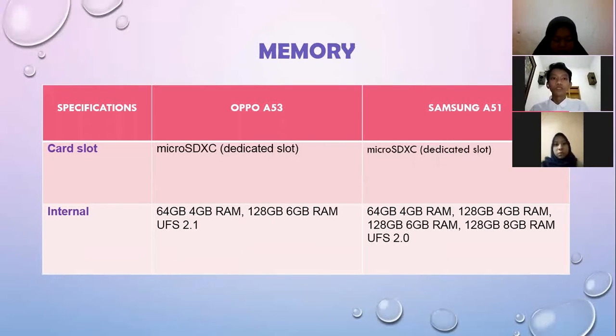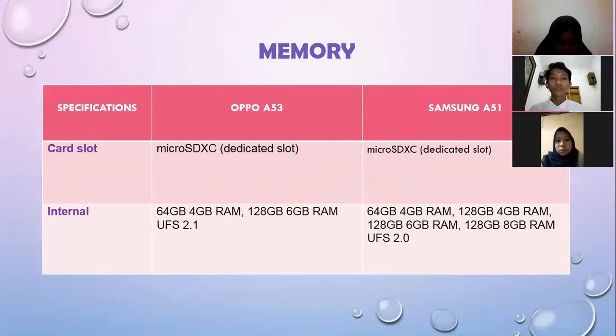Number 2, internal. Oppo: 64 GB, 4 GB RAM, and 128 GB and 4 GB RAM, UFS 2.1.